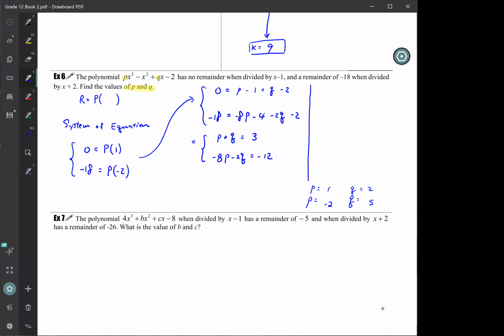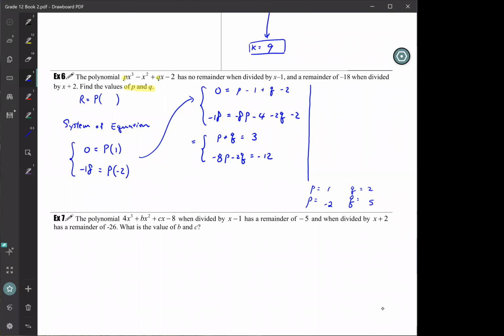I realized where I went wrong: for the second equation, I forgot to plug in the -18 on the other side. Oh, okay, so you had 0 on the other side? Yeah, I accidentally forgot to move the -18 over. I see. So see if you can get 1 and 2.